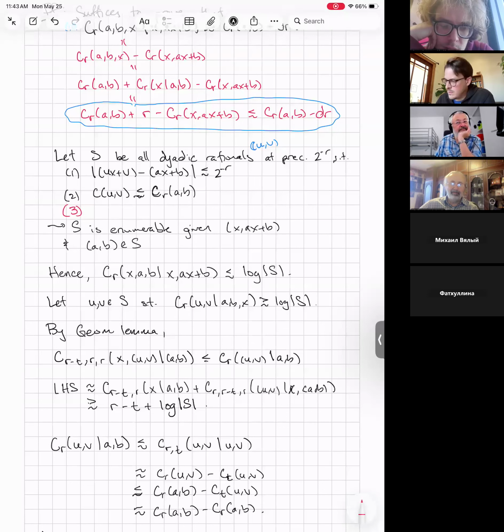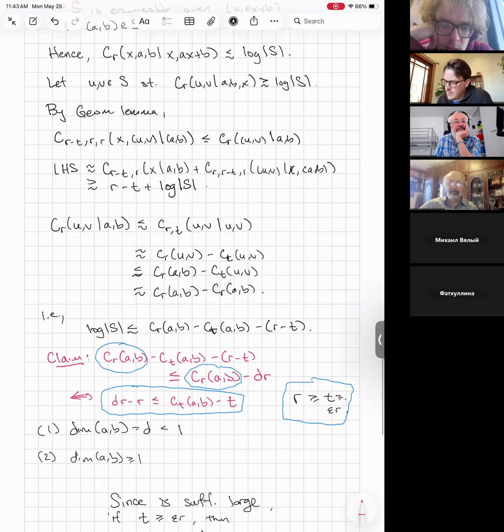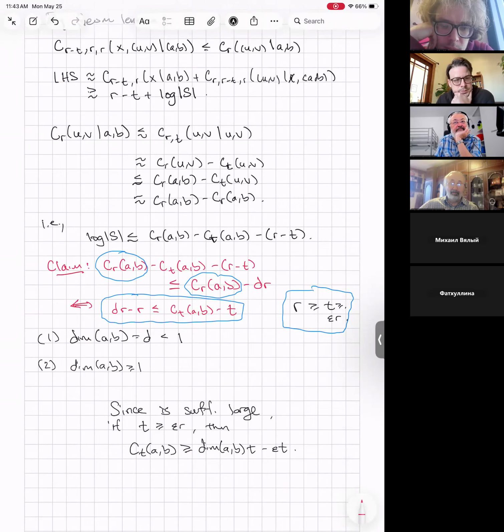So this right-hand side, C_T of AB minus T. If T is bounded by some constant, we are interested in a moment starting from which the limit is at least D, so that every value is at least dt minus epsilon t. Before this moment, the right-hand side is just zero and the left-hand side is non-positive.